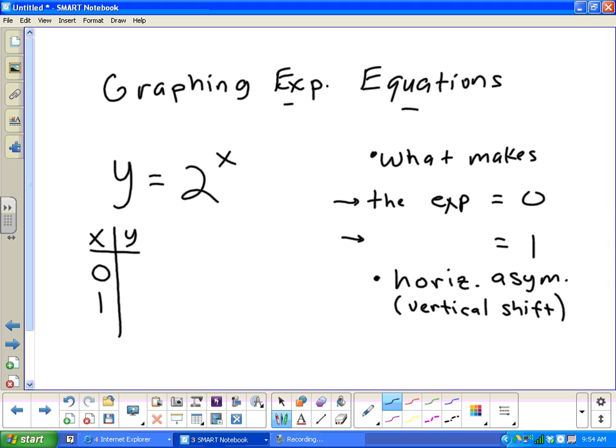Yeah, just plug it in. Let's take 0 and plug it in for the x. So 2 to the 0 power, anything to the 0 power is 1. And now let's plug the 1 in. So 2 to the first power, just 2.